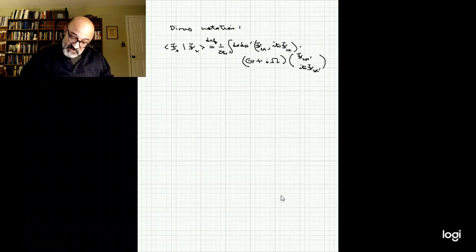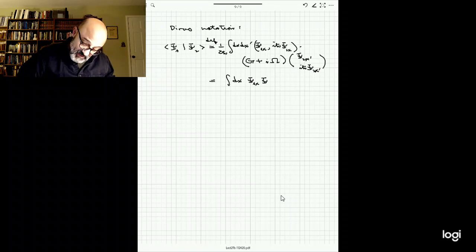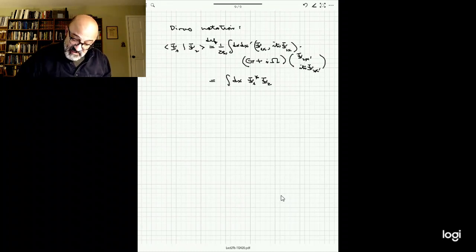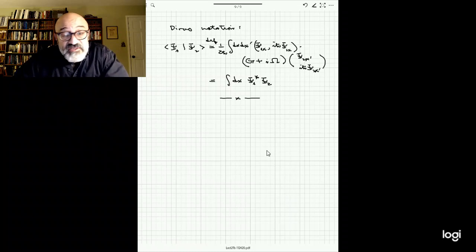And if you substitute your G's and your H's there, you're going to get exactly what you expect: complex conjugate psi_1, psi_2. So you get exactly the same you had before. So you can now proceed to use the standard stuff.